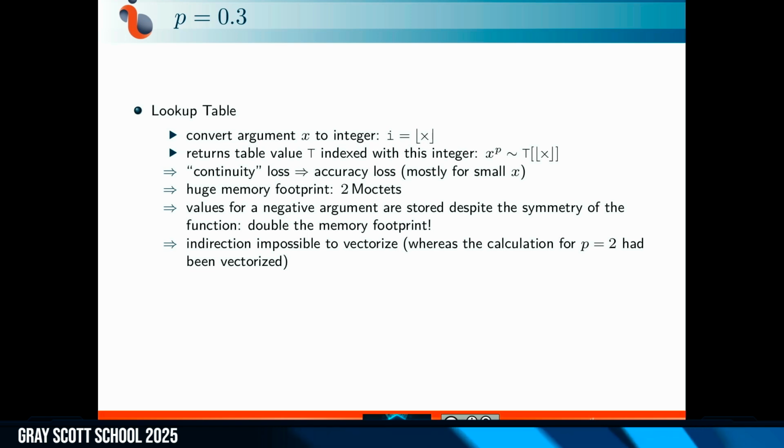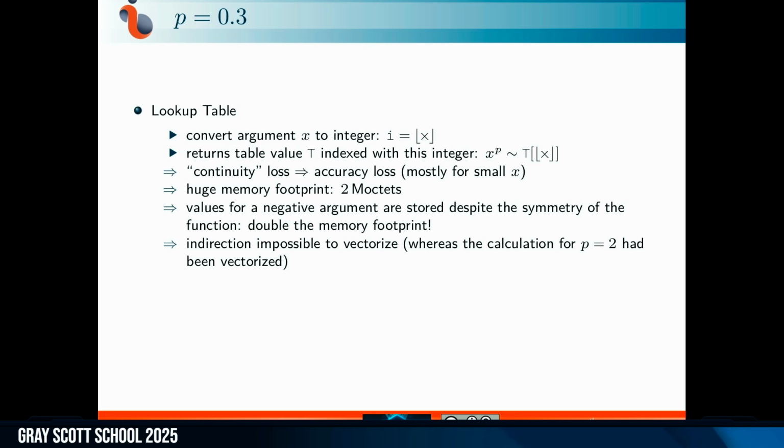And the worst was that they stored not only the positive argument, but also the negative argument. And when you take this power of the absolute value, it has no effect. So they doubled the memory footprint to no avail.